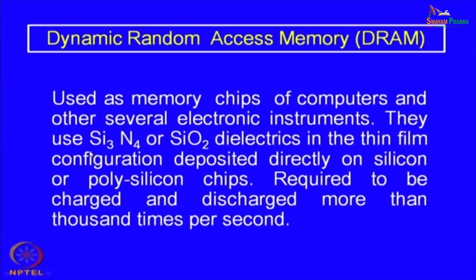Because they are fabricated on silicon chips, silicon bearing compounds are better suited for this kind of dielectric. So, silicon nitride and silicon dioxide dielectrics are normally used, but in this case in a thin film configuration, not even thick film, not even a micron, a fraction of a micron, deposited directly on silicon and polysilicon chips, required to be charged and discharged more than 1000 times per second.